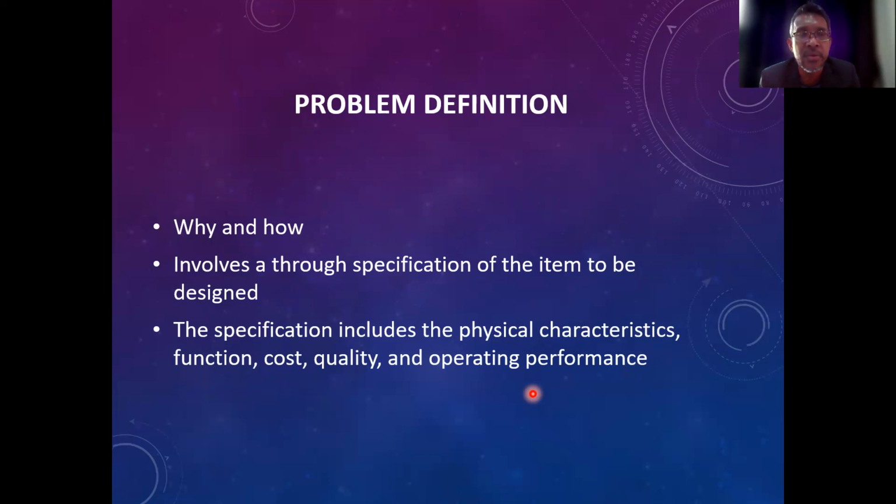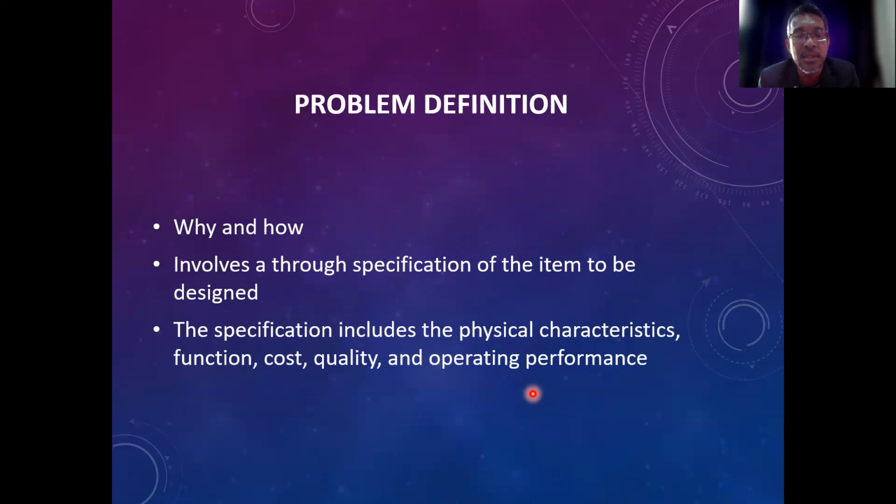So we need to do it concurrently, parallelly, simultaneously with the other departments as well: production department, marketing department, engineering department, control department, to find out the solution from the problem, to define the problem. So same goes to your project for GDP, group design project.